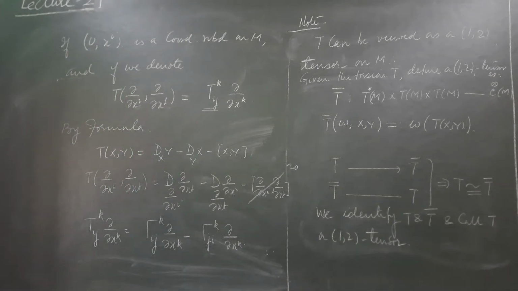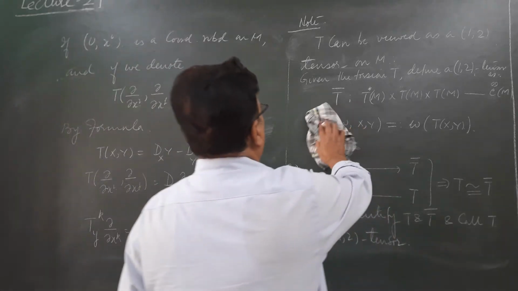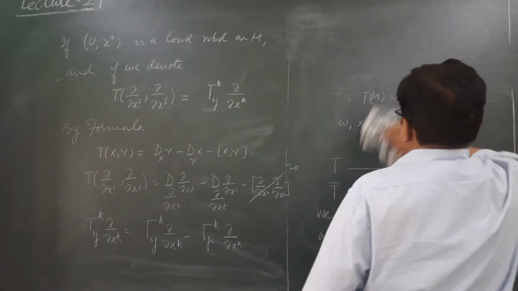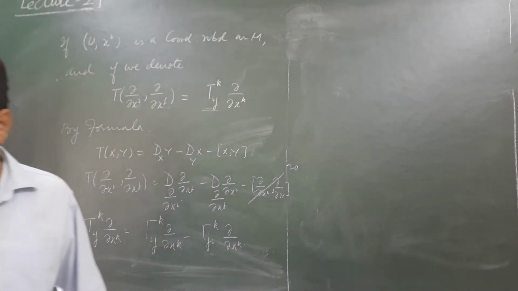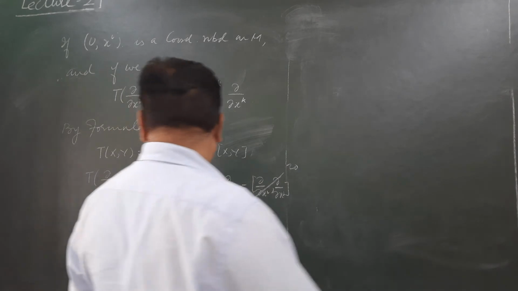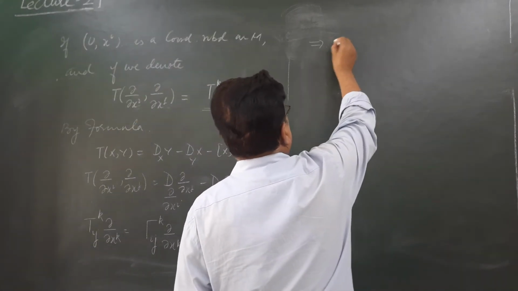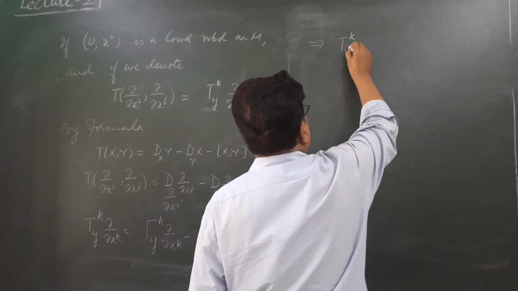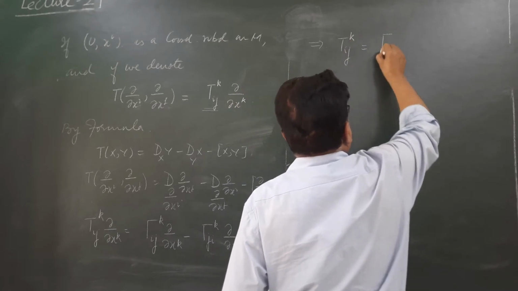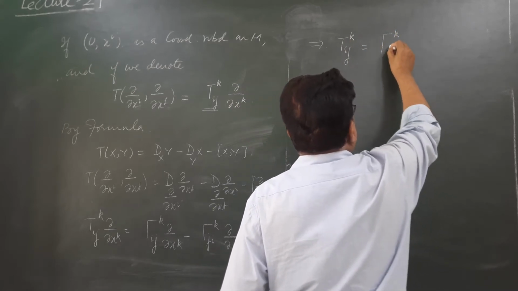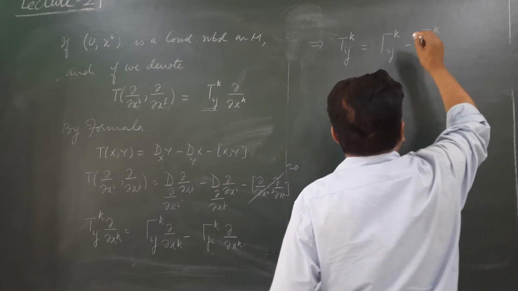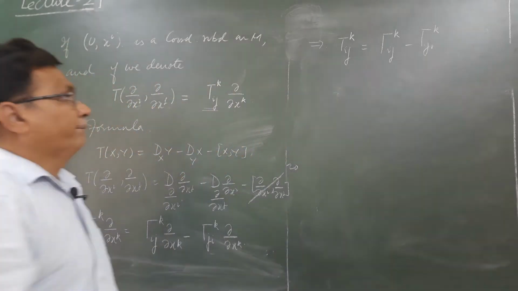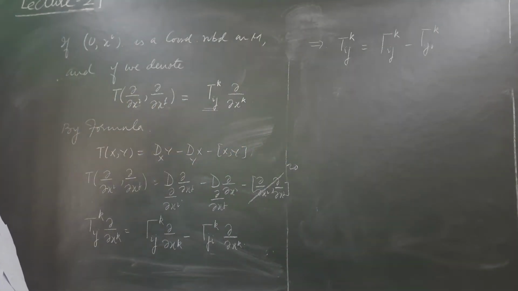So what do you notice from here is the following: T^k_ij is equal to the Christoffel symbol Γ^k_ij minus Γ^k_ji. Okay.